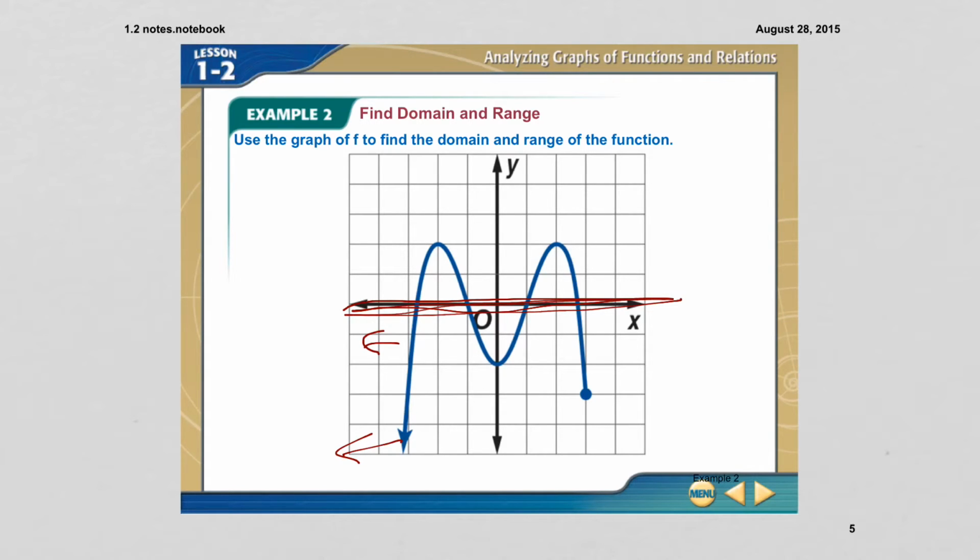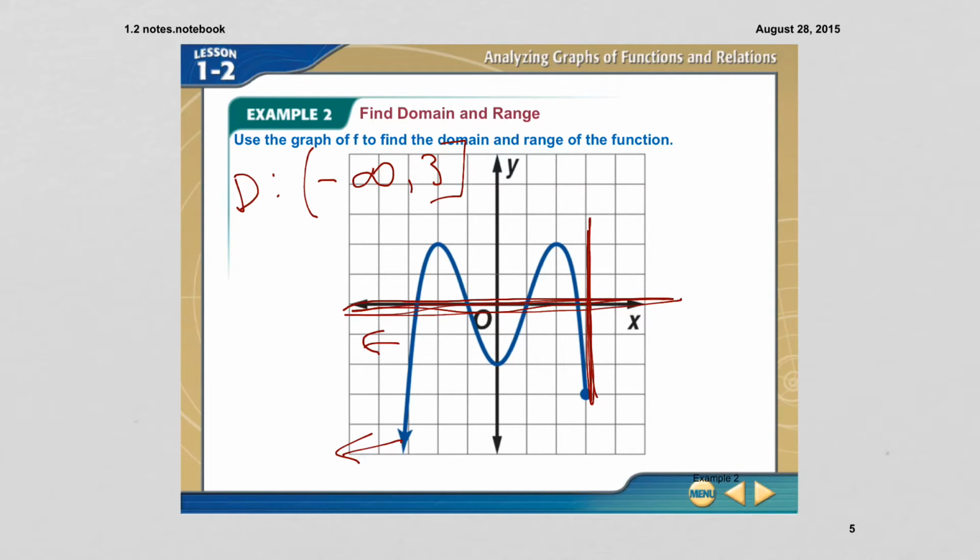On the right-hand side, I see that my function stops right here. So my domain starts at negative infinity and stops right here at 1, 2, 3. And it includes 3, so that's going to be a bracket. So my domain is negative infinity to 3.